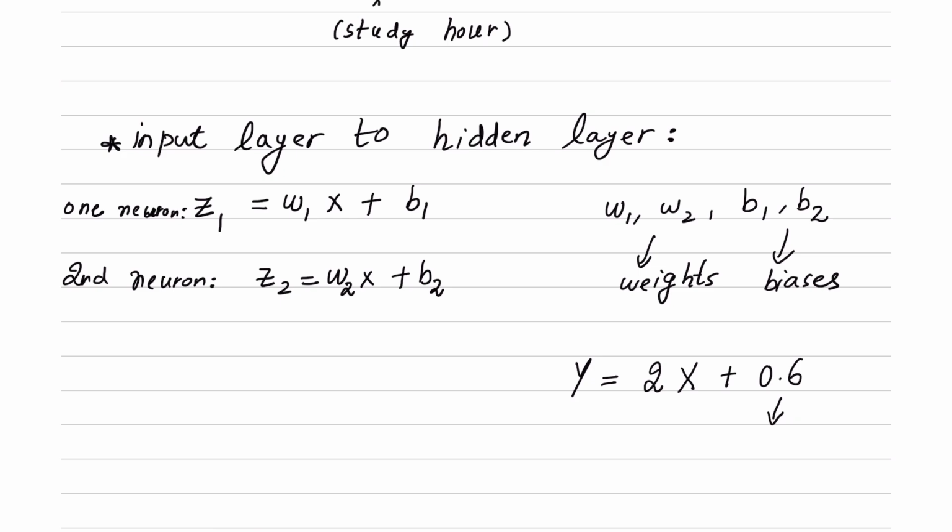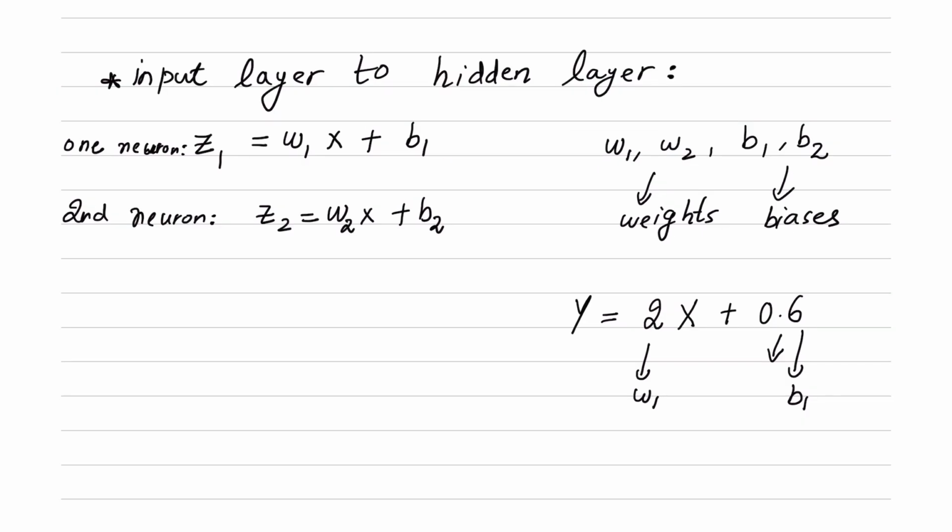So 0.6 could represent a term of some probabilistic nature that influenced the score of the student. Now you can see that here 2 could be taken as the weight and 0.6 could be taken as the bias. So in this part of neural network learning, we determine the weights and the biases.